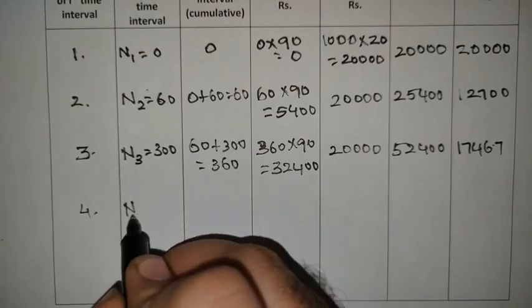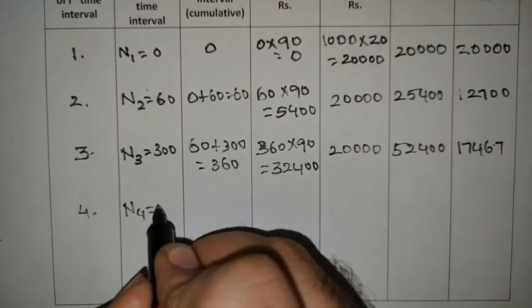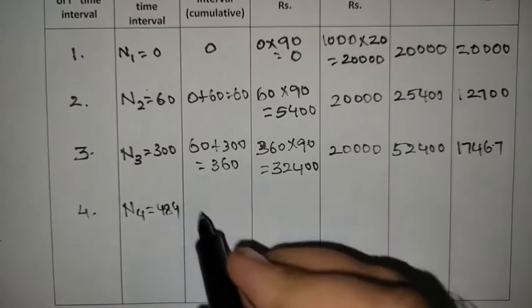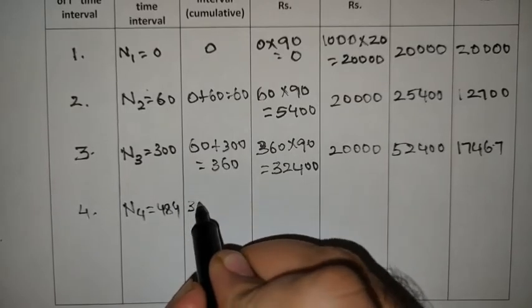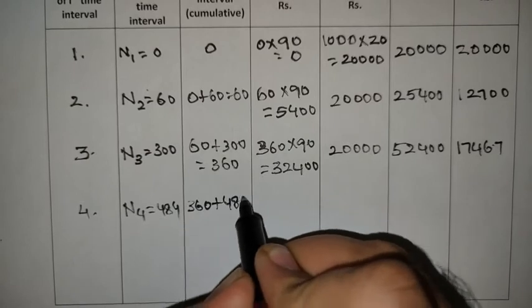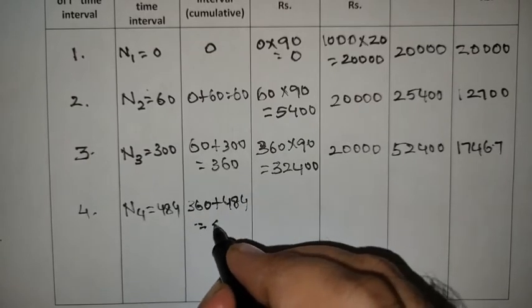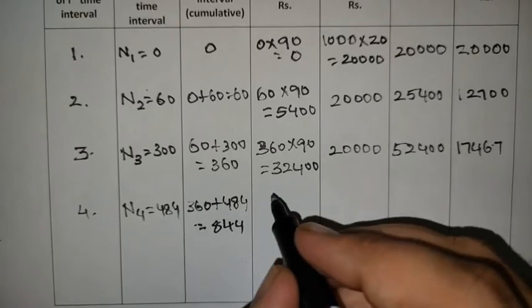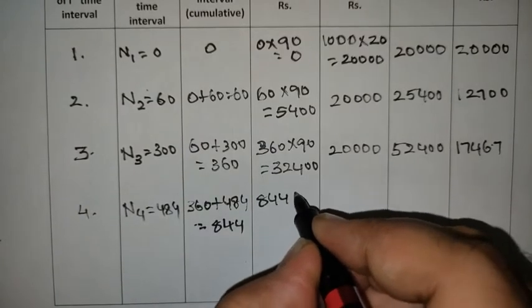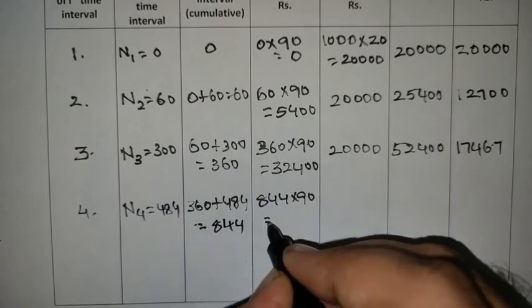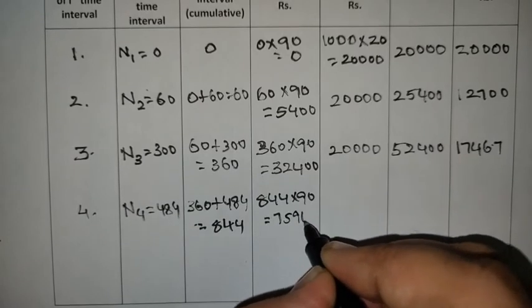Next, the fourth month, let us calculate. Only in the fourth month, how many items are failing? 484. So up to the fourth month means 360 plus 484, we will get 844. Cost of individual replacement is 844 into 90, so we will get 75,960.